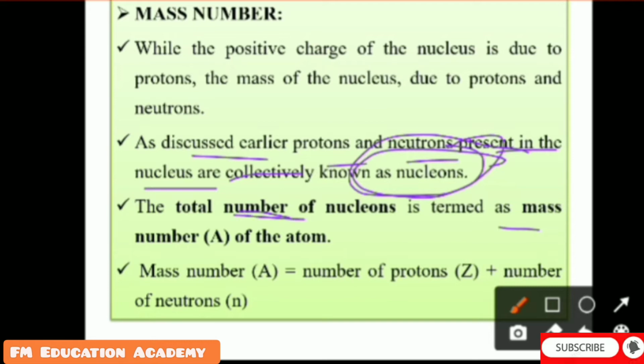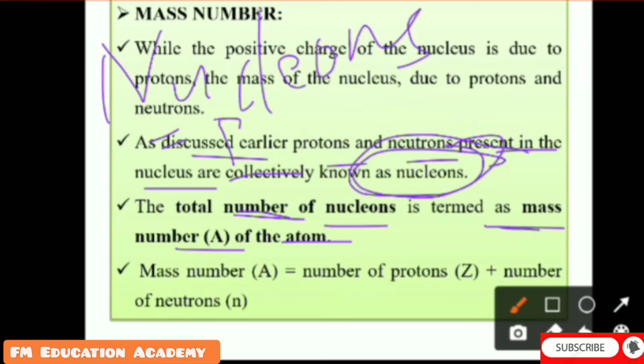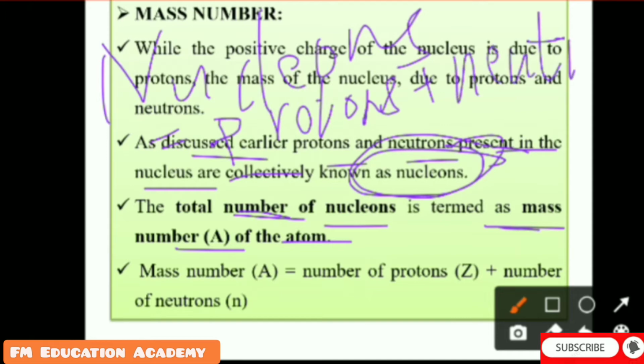What are nucleons? Mass number A of the atom. Why are we saying that the total number of nucleons is the mass number A of the atom? Because nucleons equal protons plus neutrons. So what is that known as?